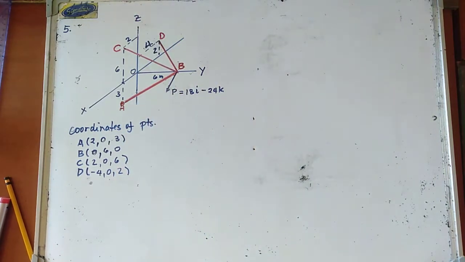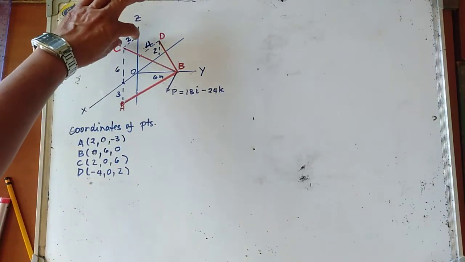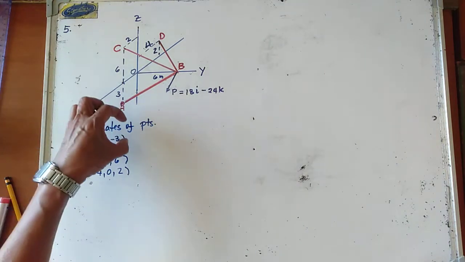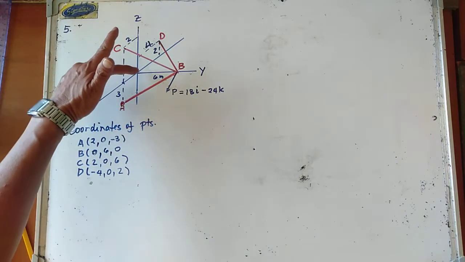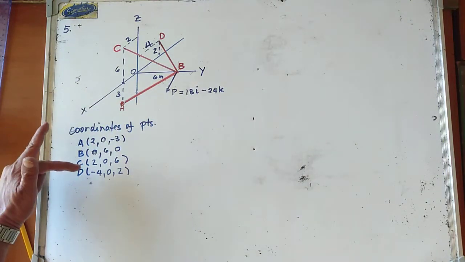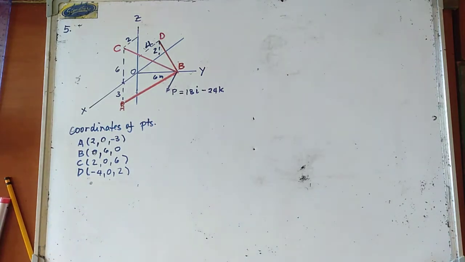So these are the coordinates of points A, B, C, and D. A is 2, 0, and minus 3, that is below the origin. B is 0, 6, 0, C is 2, 0, 6, and D is minus 4, 0, and positive 2.